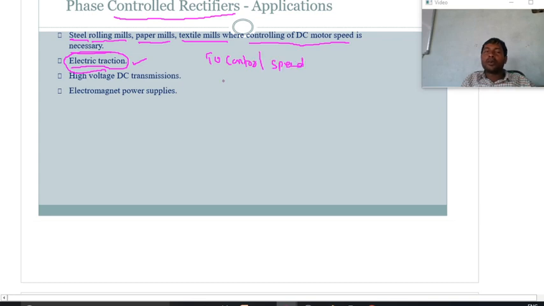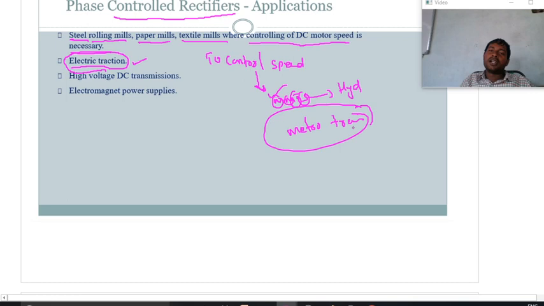In modern applications, like the MMTS, the multi-modal transport system available in Hyderabad, or in metro trains, automatic speed control is available, along with automatic closing of the doors and an automatic braking system. In such applications, these phase control rectifiers are used.